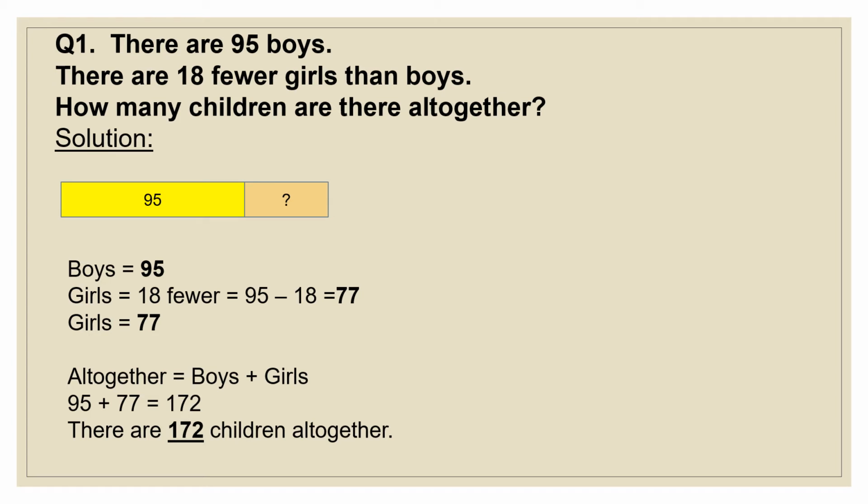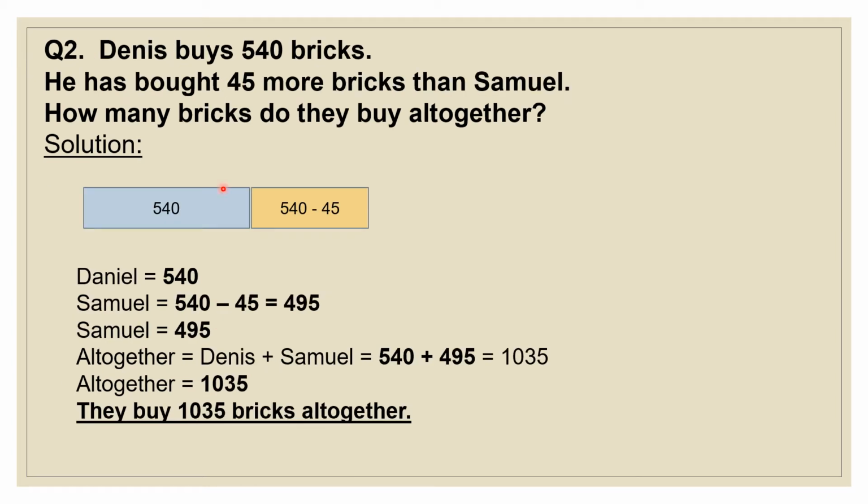Question number 2 is, Denis buys 540 bricks. He has bought 45 bricks more than Samuel. How many bricks do they buy altogether? Let's read the question again and understand what is already mentioned. Denis buys how many bricks? 540.